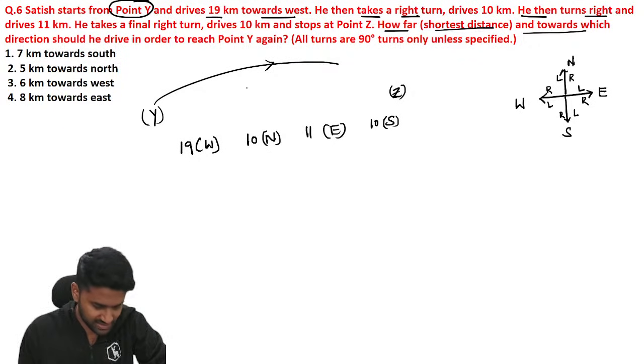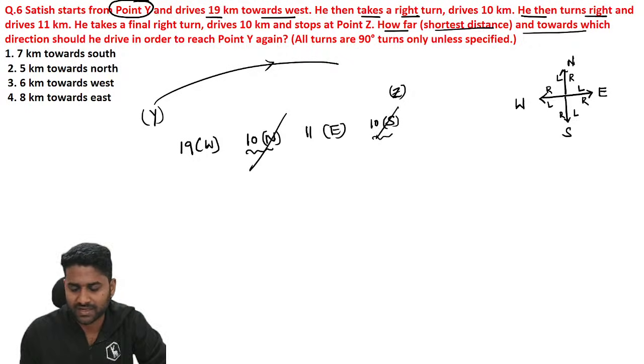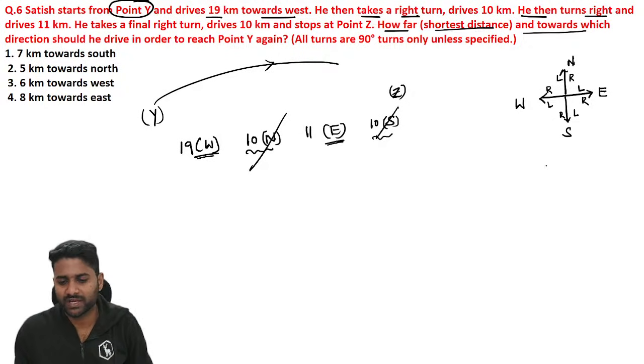Remember guys, if you see any information as opposite directions, north and south, then the resultant is 0. Now you can see that west and east are both opposite directions. If you want the distance for opposite directions, find the difference.